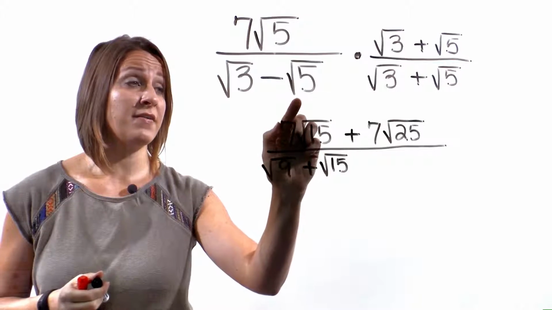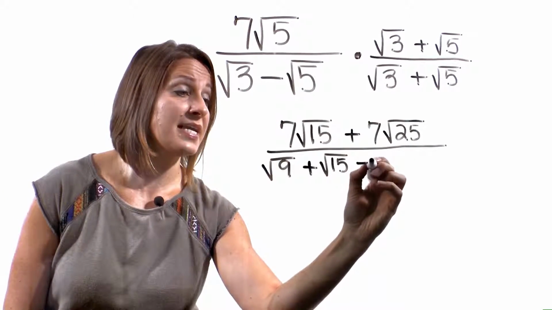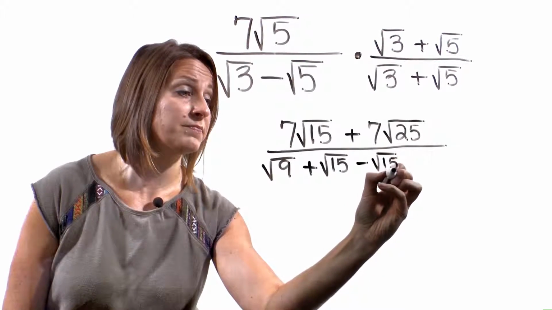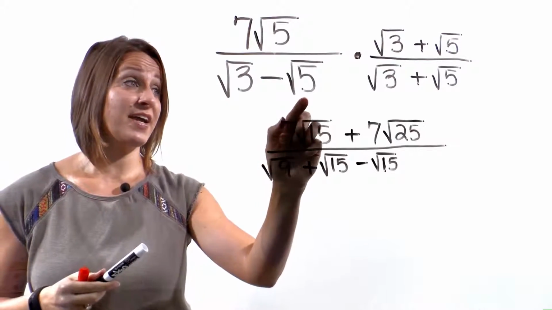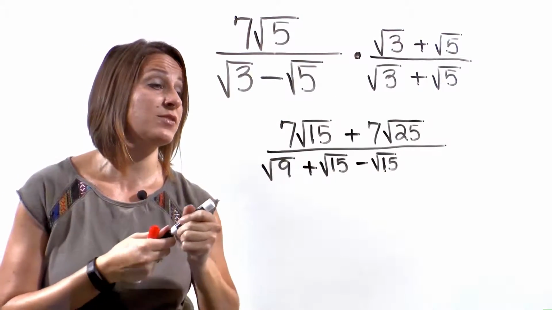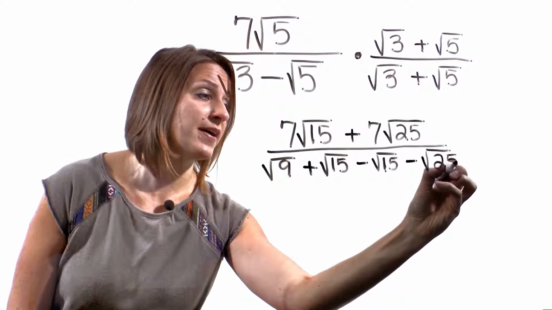Negative square root of 5 times square root of 3 is negative square root of 15. And then negative square root of 5 times positive square root of 5 is negative square root of 25.